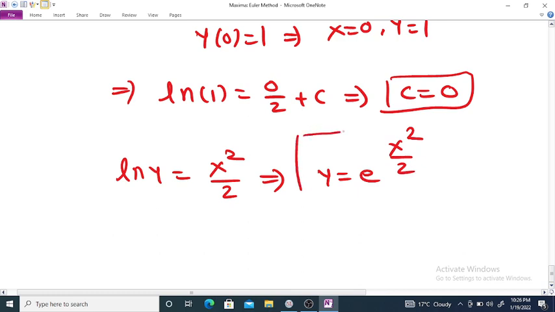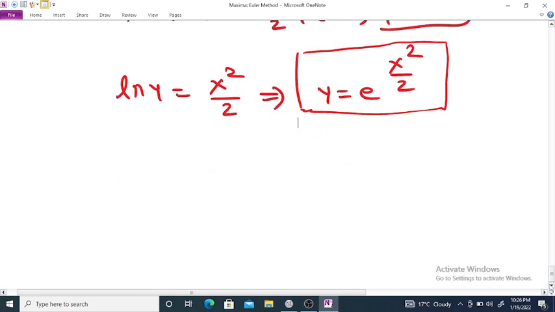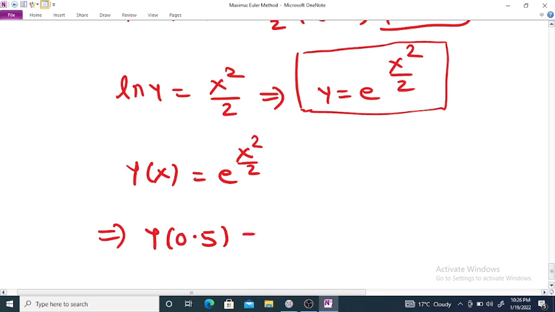This is the solution we obtain by using the analytical method: y of x is equal to e raised to x square by 2. So y of 0.5 is equal to e raised to 0.5 squared divided by 2.